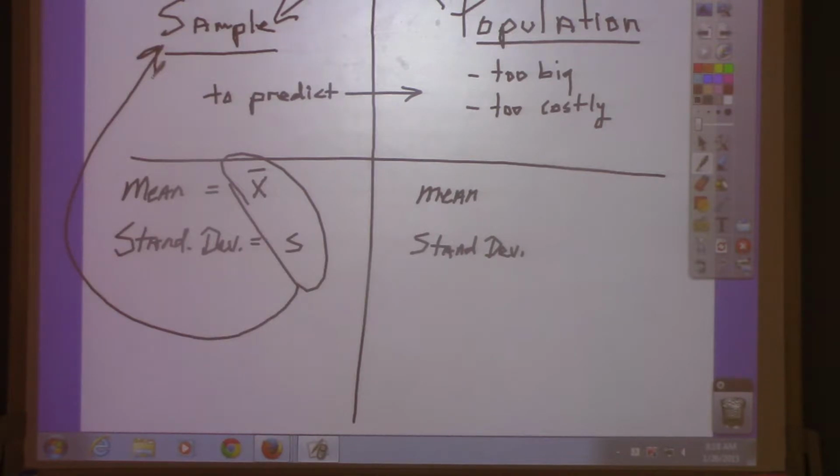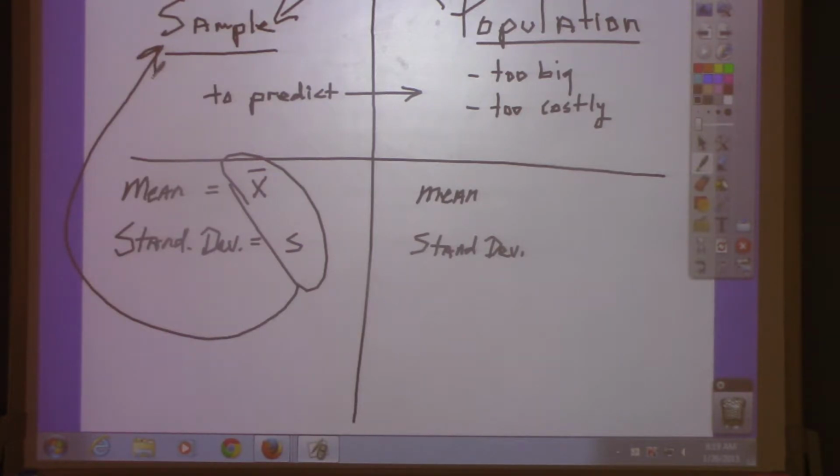So if you're sitting in a meeting, and whether you're a department head or a division chair or a floor manager, and you're going through a presentation, or you're reading through a presentation, and you see that X bar or S, you know that it's dealing with the sample. That's what that means.